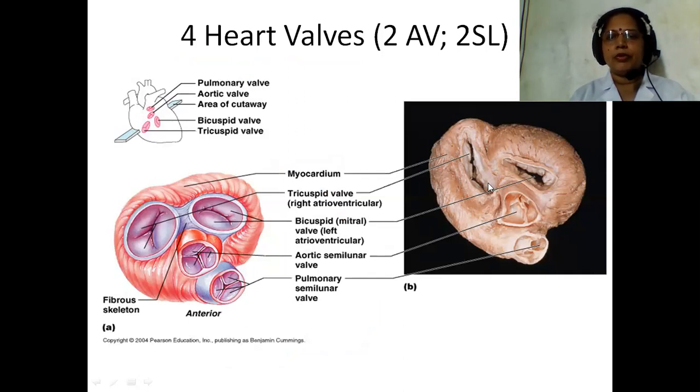This is the tricuspid valve, also called the right atrioventricular valve. Second, this is the left atrioventricular valve, also called the bicuspid or mitral valve. And these are the aortic and the pulmonary valves, the semilunar valves.